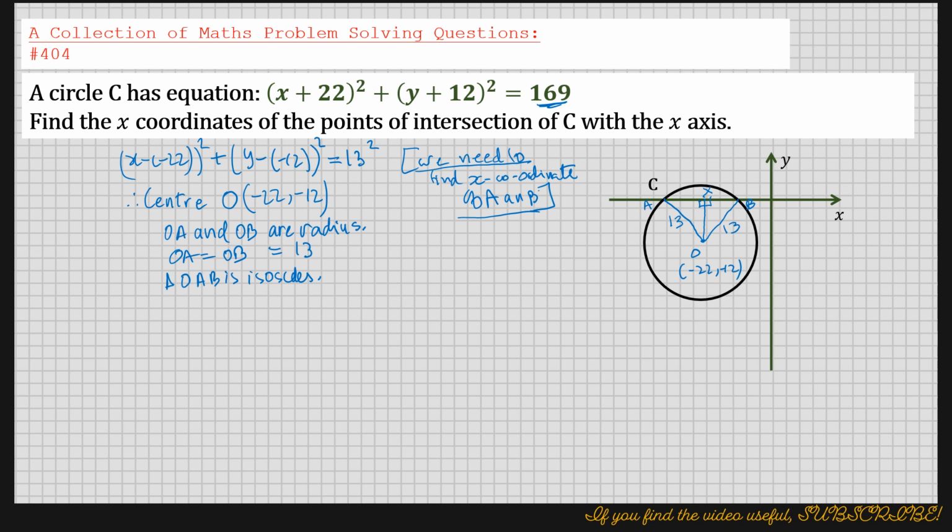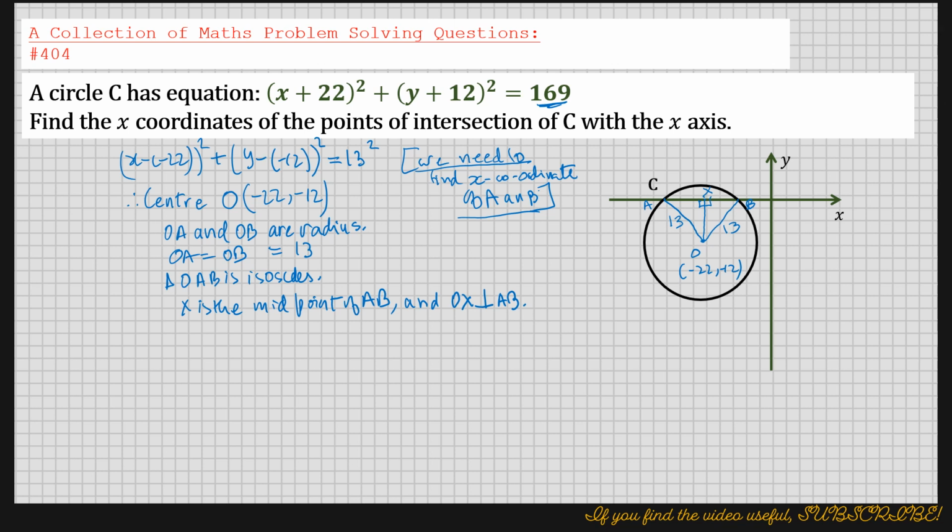So X is the midpoint of AB, and OX is perpendicular to AB.